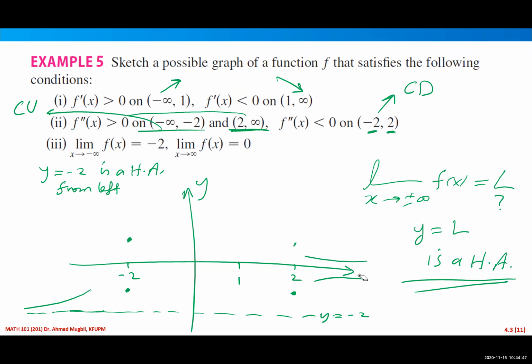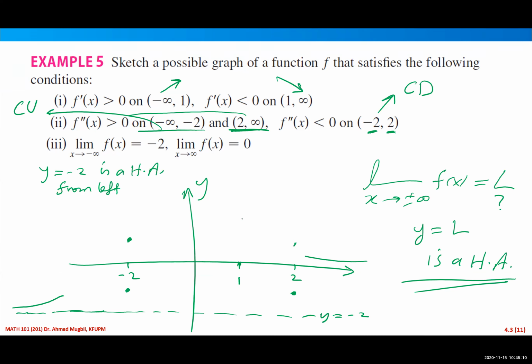Now let's combine this information. It starts here, and we can do it like this. It will concave up and keep increasing until 1. So at 1, what do we have?